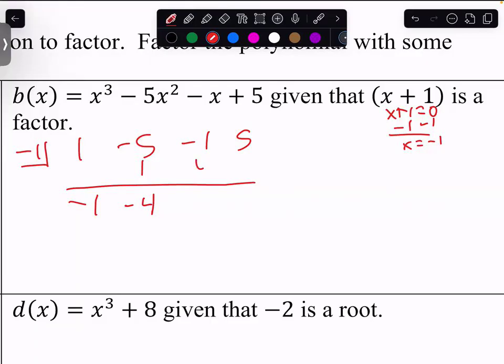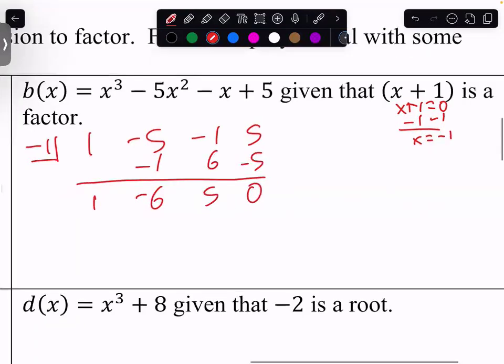Sorry, I messed up there. Okay, so this translates to x squared minus 6x plus 5. And then the other factor is x plus 1.